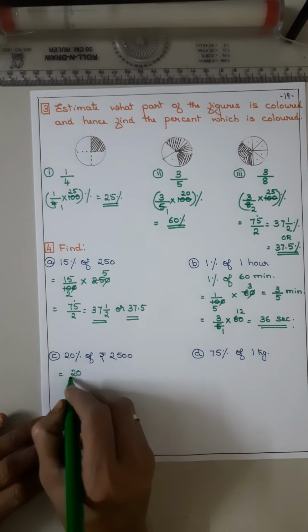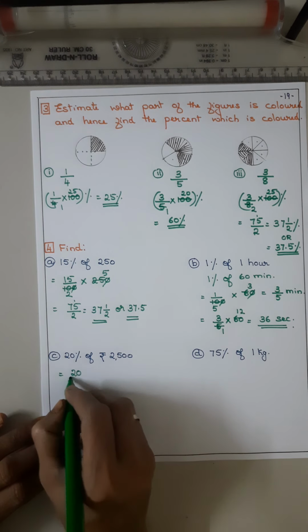Now here again, see 75% of 1 kg. What did I tell? So 1 kg, 1 ऐसे रहेगा, so you have to convert into the smaller unit. So 1 kg is equal to how many grams? 1000 grams. Now solve it. 75 by 100 into 1000.